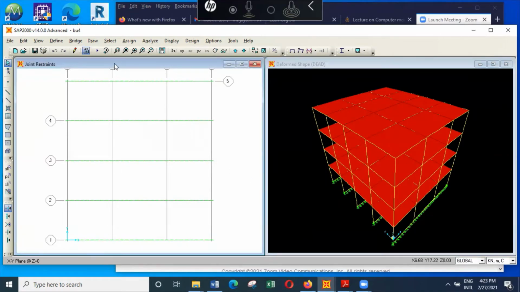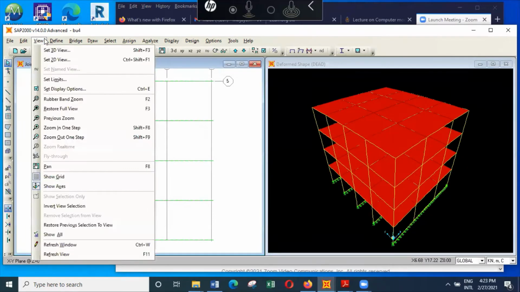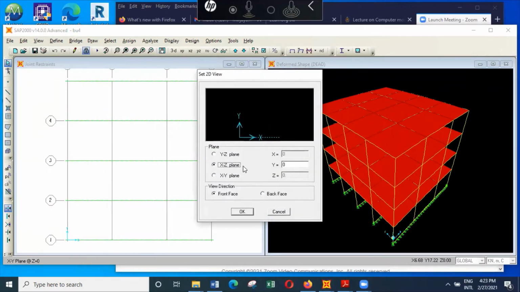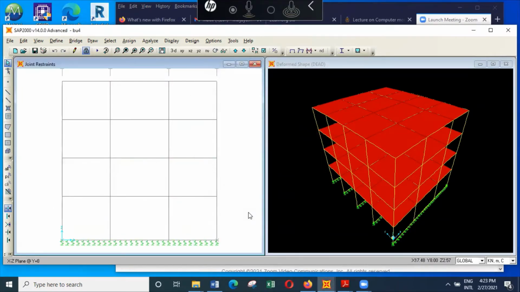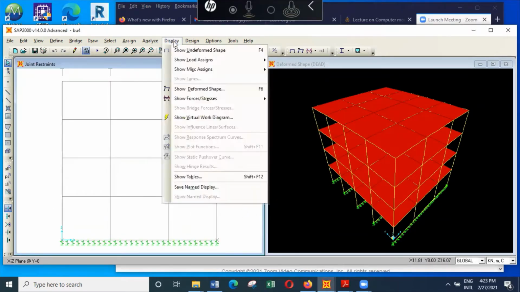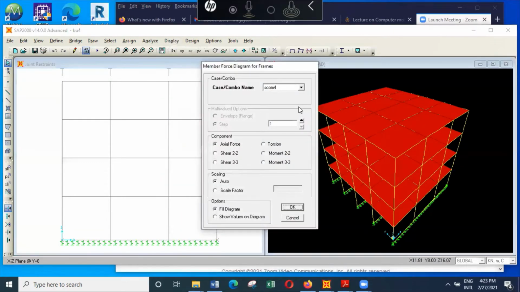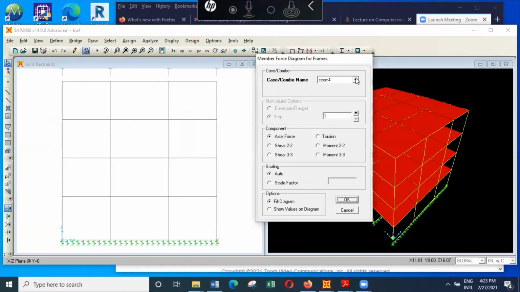So now if you look at one of the internal frames, you will be able to see the bending moment diagram due to the service conditions, if you want first.